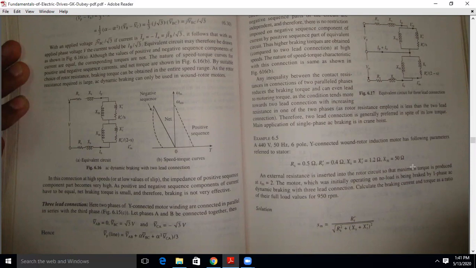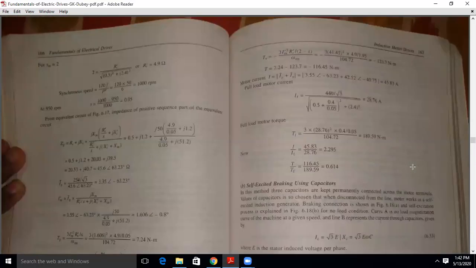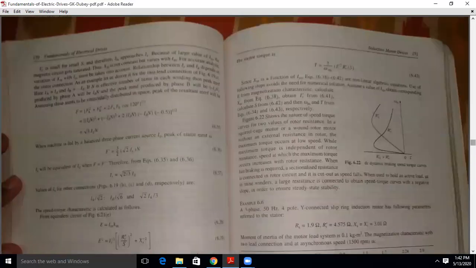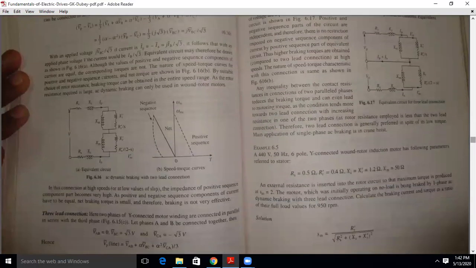So here in this case, in order to have that particular braking current first, okay. So there three lead connection, it is again in the single phasing what we have discussed.